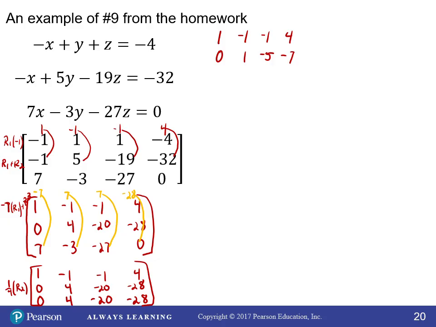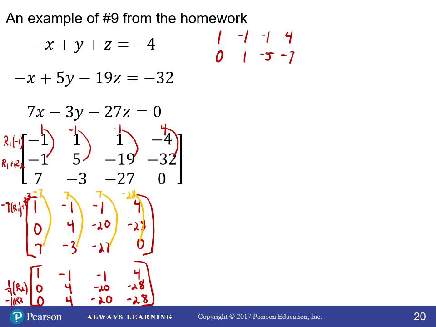Okay, now for the next one, I want to try to get a 0 now in this position. Well, I could use this row that I currently have. In order to get a 0 here, I could just multiply this row by a -1.